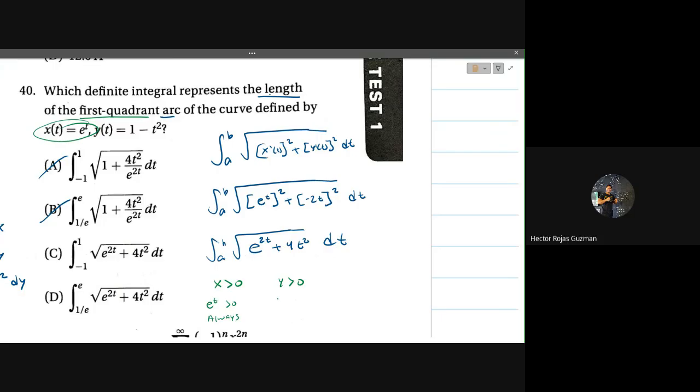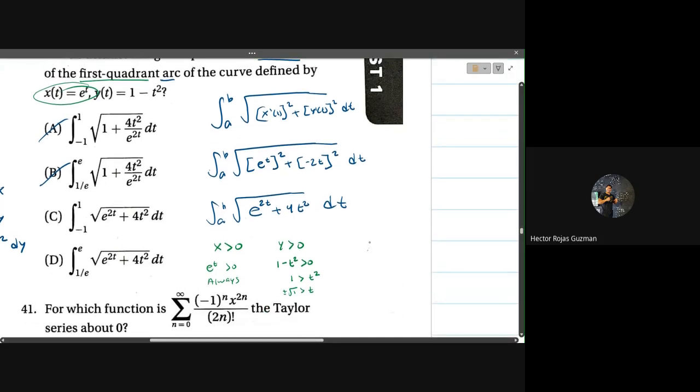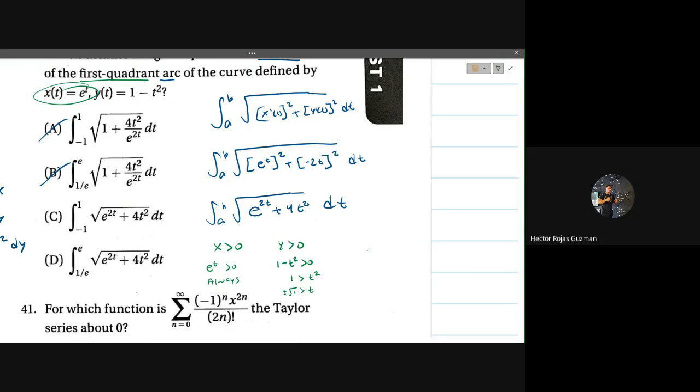So when is y positive? We're going to solve for t. We're going to add t squared to the other side and square root it. Which means that we have, I'm just going to rewrite the inequality, -1 is less than t, which is less than 1.